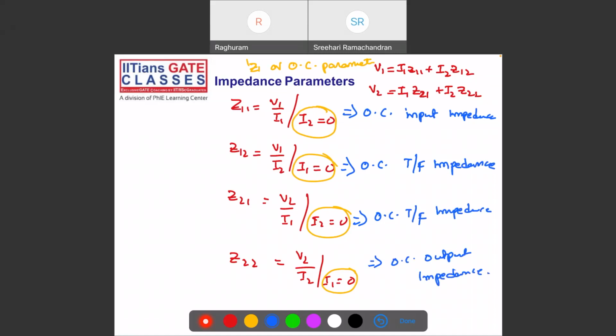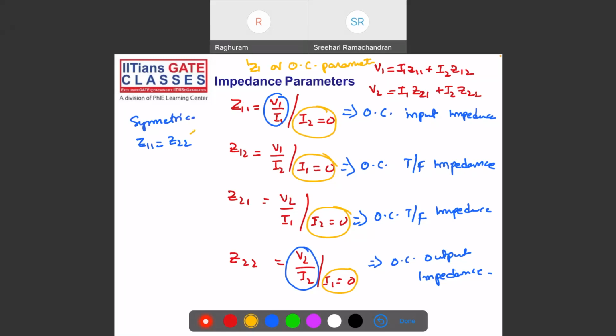The circuit is said to be symmetrical when Z11 is equal to Z22. That means the V1 by I1 ratio does not change even if you change the ports, the source and excitation. Then you call them symmetrical networks.